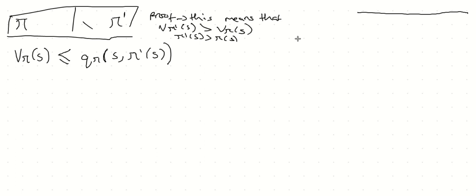So what we had here was Q pi, let me do it in a different color so that it's a bit clearer. We have that Q pi of s comma a is equal to the expectation of R t+1 plus gamma V pi of S t+1 given s comma a.